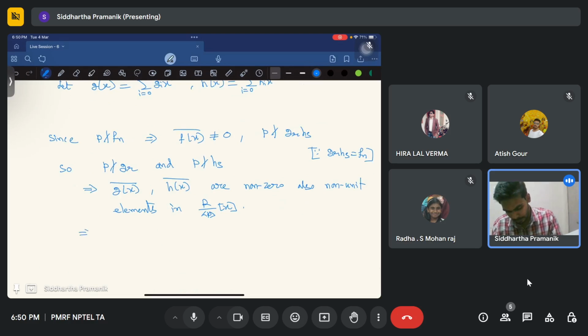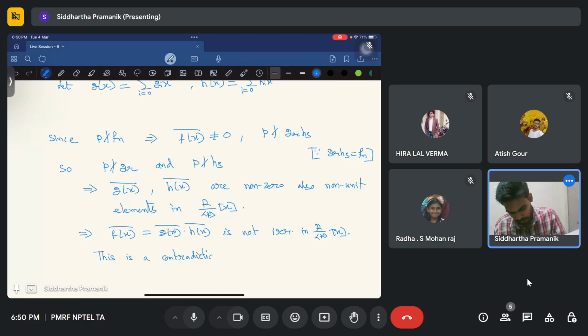So that will imply fx bar equals gx bar times hx bar is not irreducible in R mod P of X. So this is a contradiction.